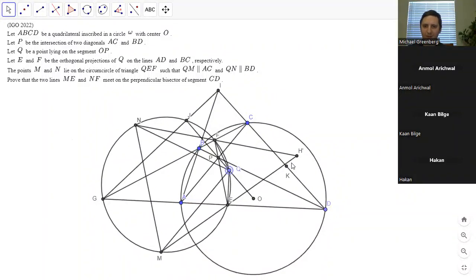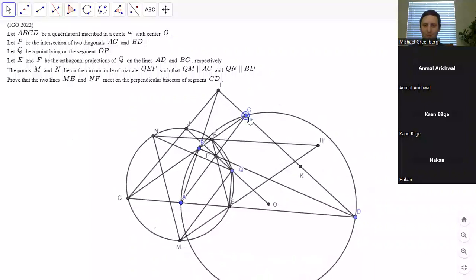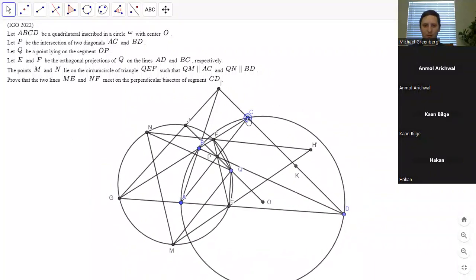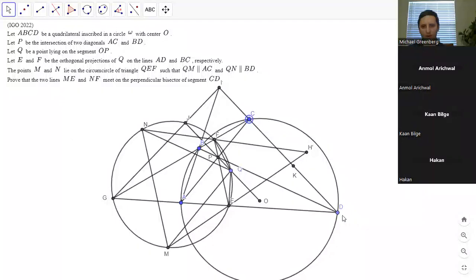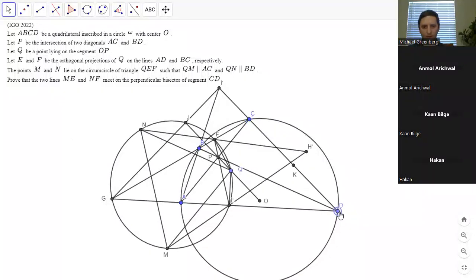I'm trying to make this look a little farther away from point K, but it's hard to do that. I guess here it's a little farther away in that case.